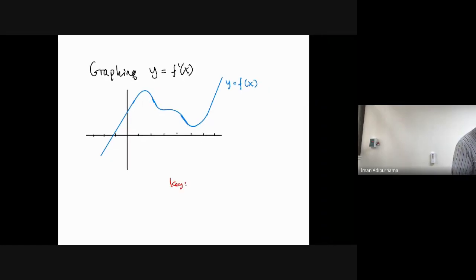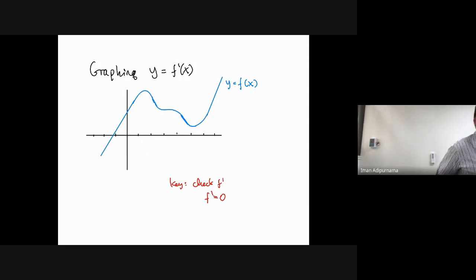So the key is to check f prime, and the most important is when f prime is 0. Check when f prime is 0. At least I have 1, and then this 2, and 3. So at these 3 points, my f prime is basically crossing the x axis, it's 0.